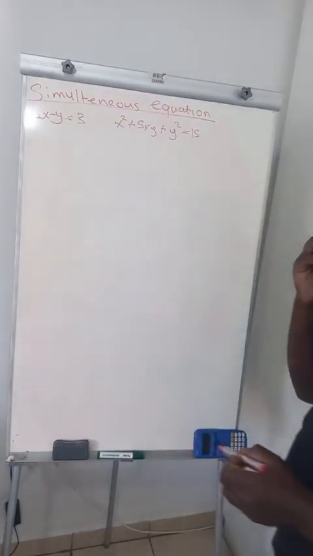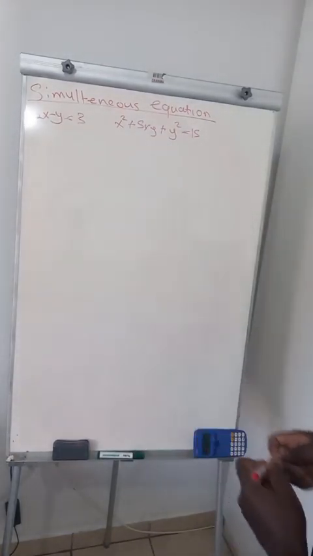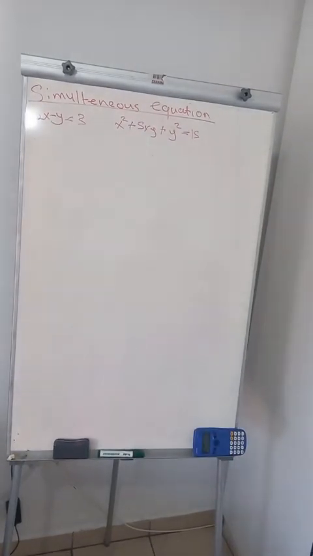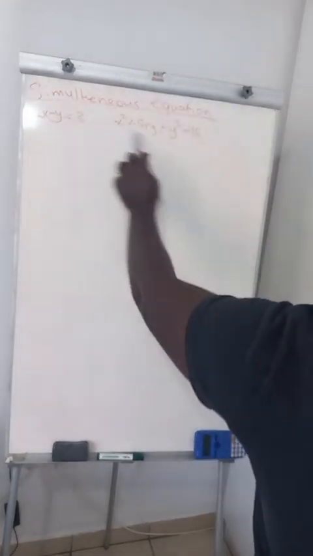So once you get a question like this, just pause a bit and try to check. When you're having something like this, what you need to do is try to make x the subject of the formula, or y the subject of the formula, so that you can replace it back in this equation.